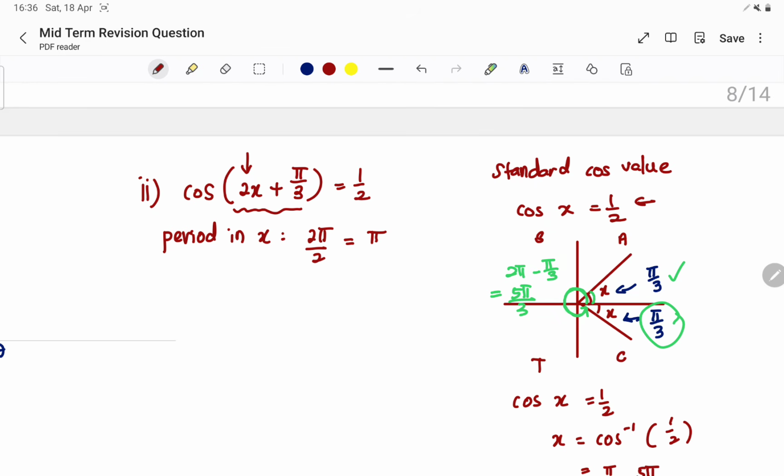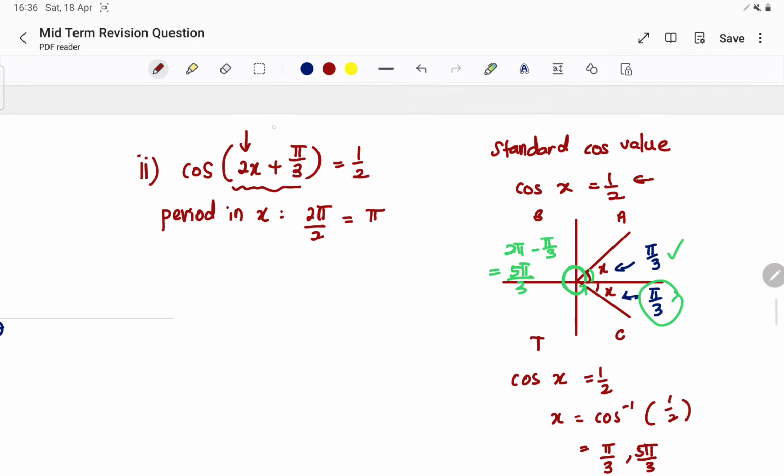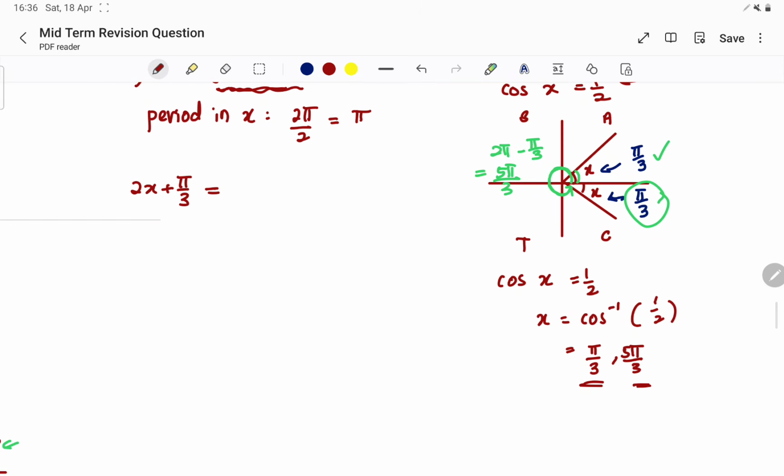Okay, so the first step in order to find x is you take the angle here, 2x plus pi over 3, equal to pi over 3.